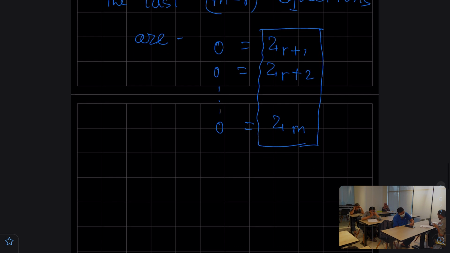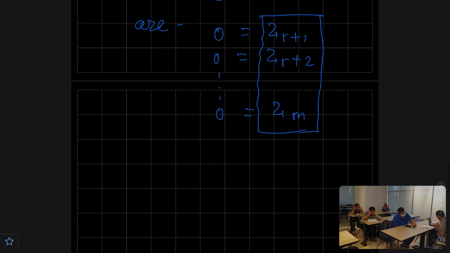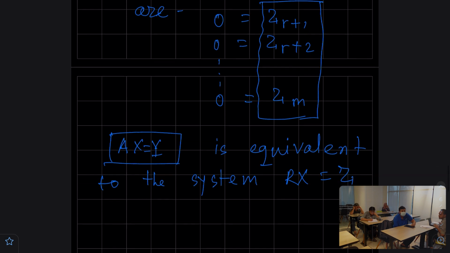We know that Ax equal to y is equivalent to the system Rx equals to z, right?